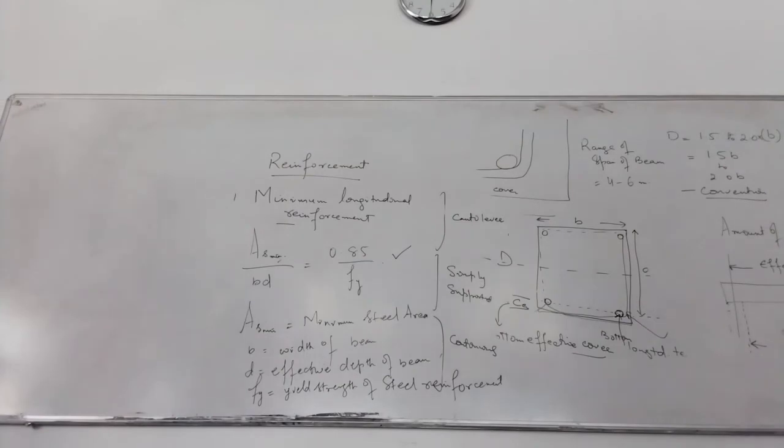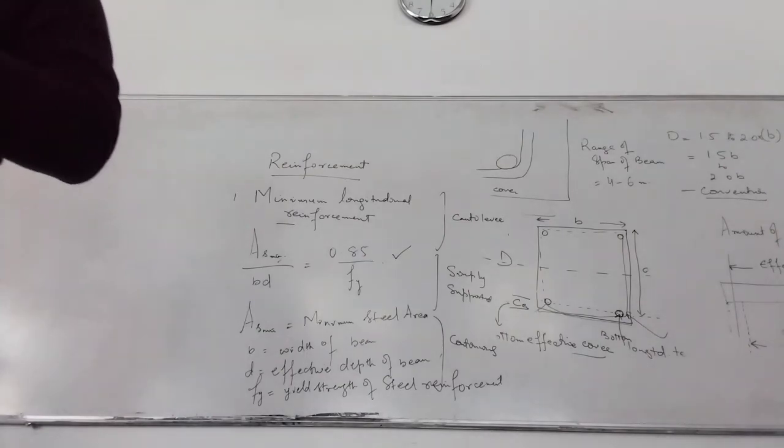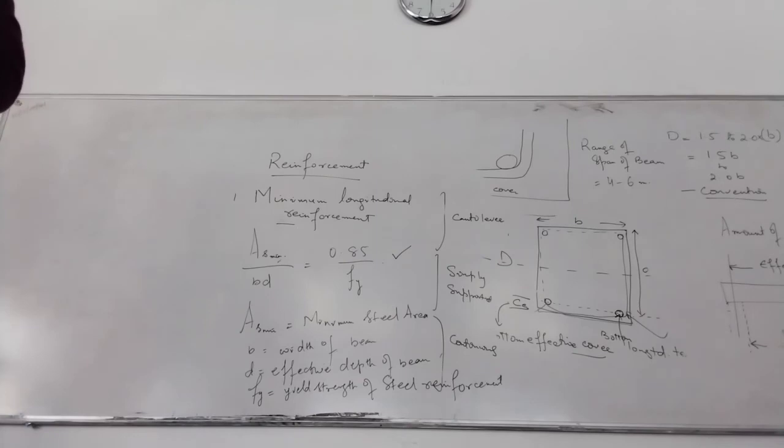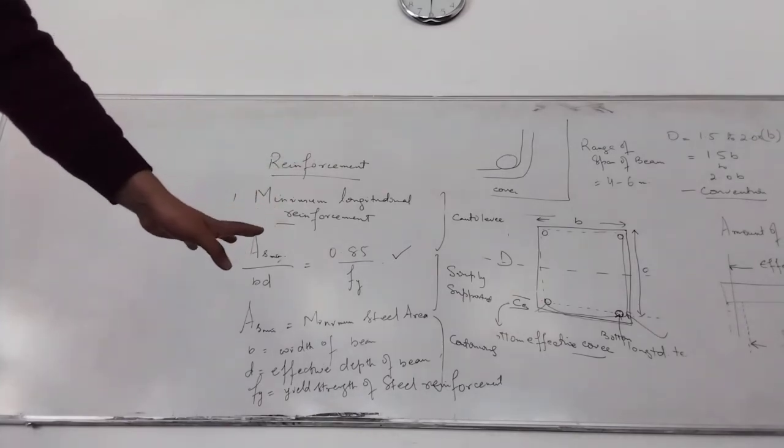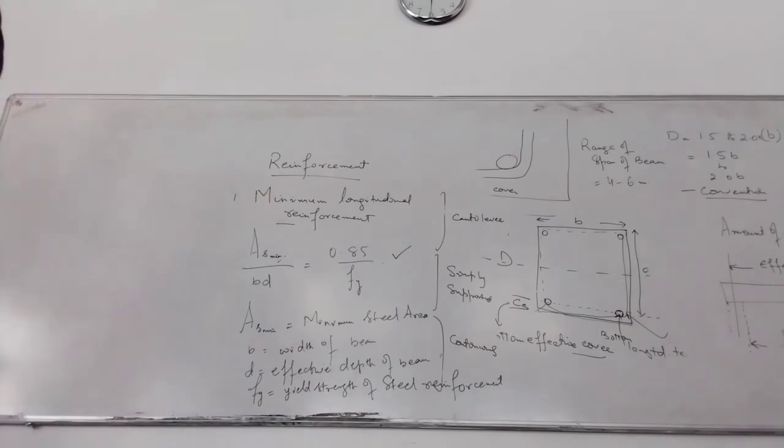First of all, why is there a limit on minimum steel area? Minimum is given in the code, you have to provide minimum this much. You have to provide this much of the steel in tension.